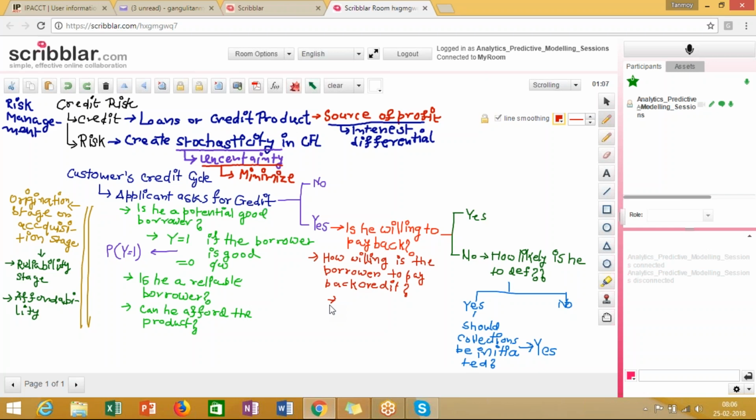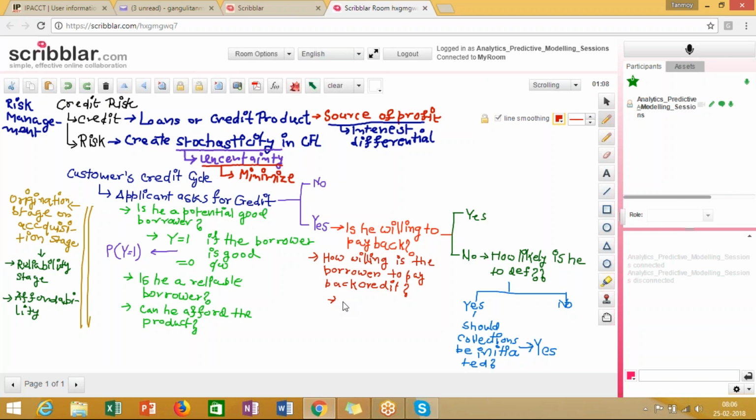So if I know that the willingness of the borrower to pay back the credit is very low, then I know that his chances to default are very high.